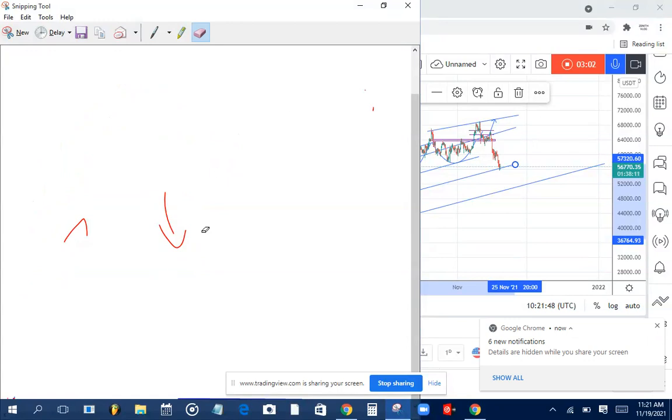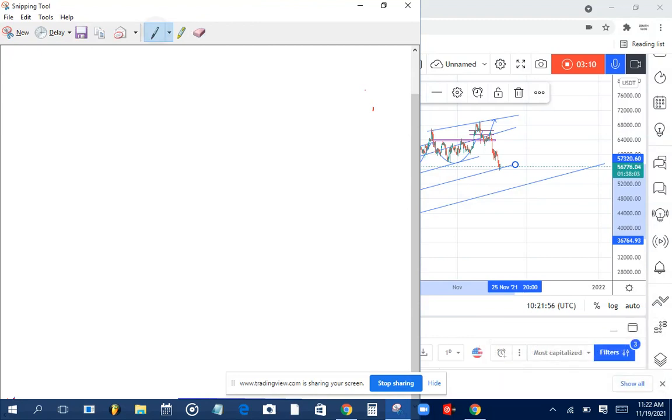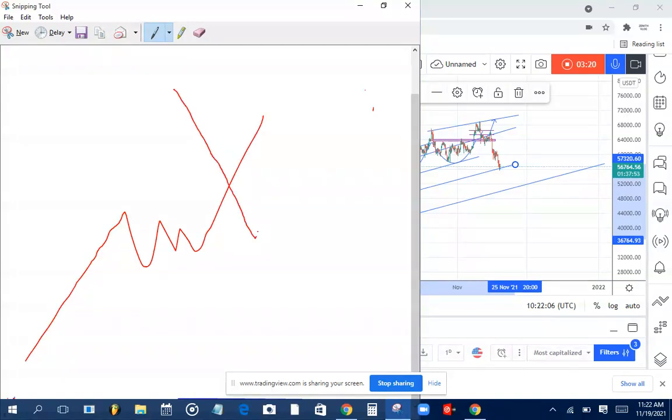You can write that down. Then we have the continuation pattern: price coming from maybe down or up, forms a pattern and continues, down, forms a pattern and continues.